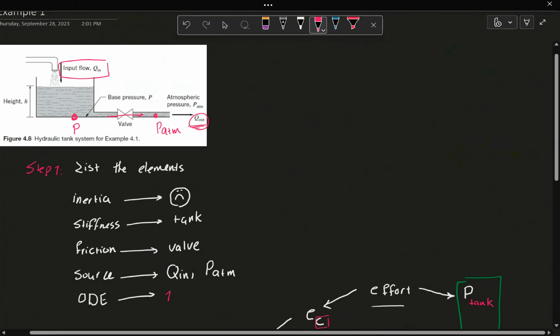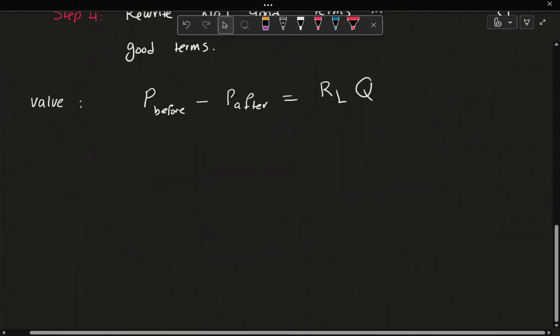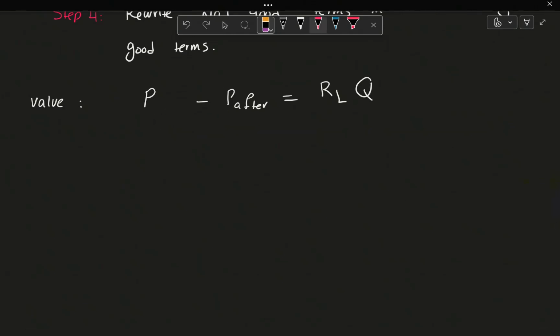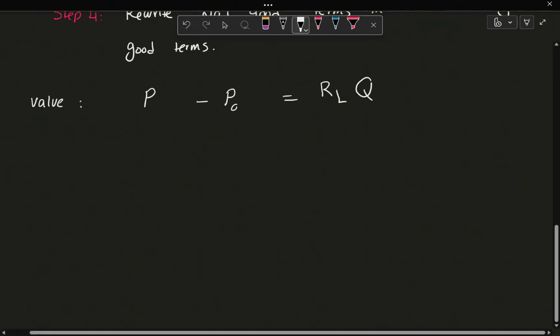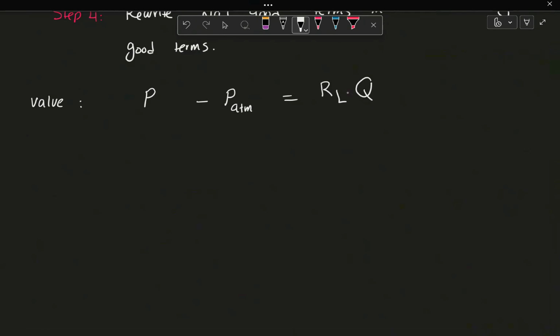Okay, so rewriting this equation, for the pressure before the valve, I'm just going to use P. For the pressure after the valve, I'm going to use P atmosphere. And like I said, I assume that it's a laminar flow.